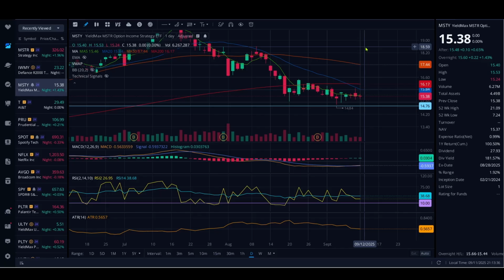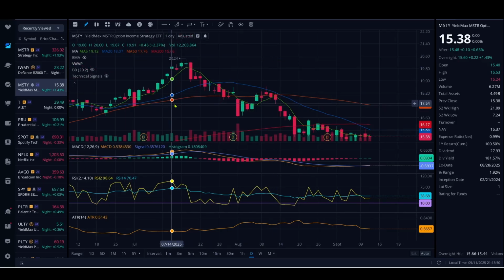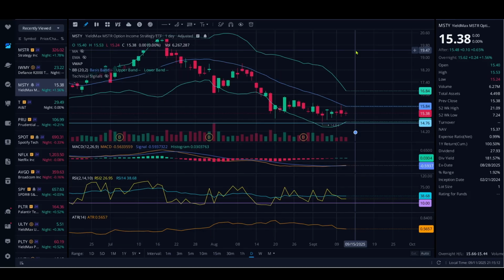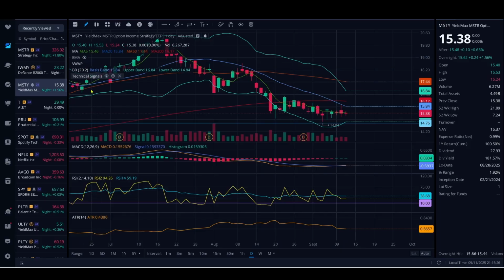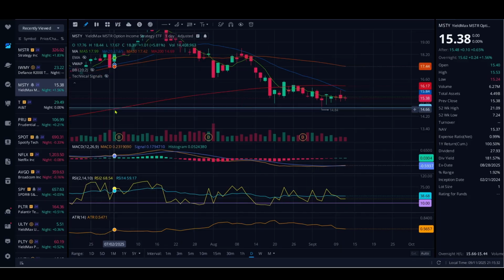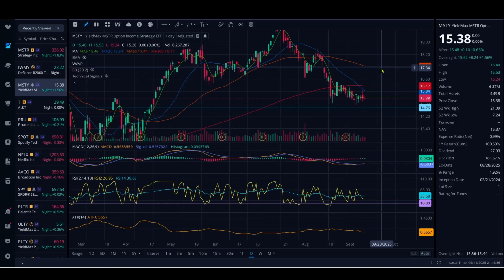But the adjusted chart is for the other indicators like your RSI, your Bollinger Bands, or anything else that is looking more along the lines of the performance long-term of the stock itself. So for the adjusted charts, I'm looking more along the lines of using it for my Bollinger Band and my moving averages, because this is looking more at long-term performance of the stock itself, right?